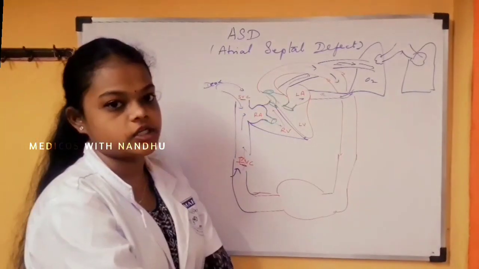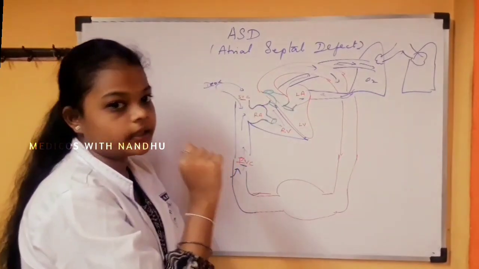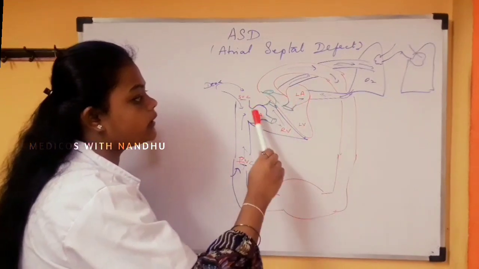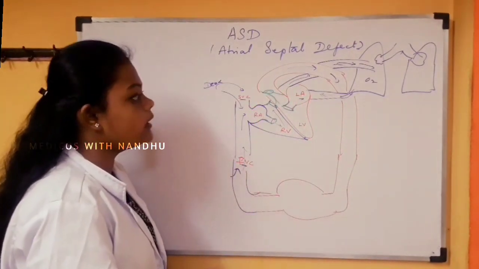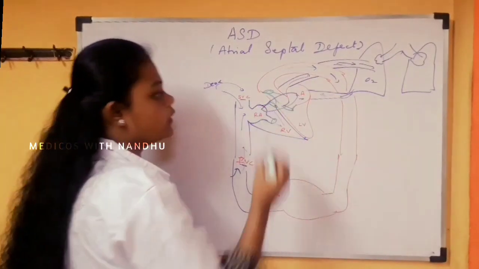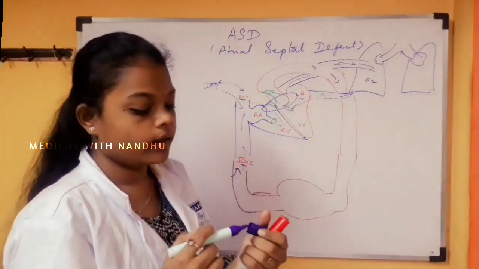This was the normal circulation. In atrial septal defect, between the left atrium and the right atrium there will be a shunt, an opening, a defect.